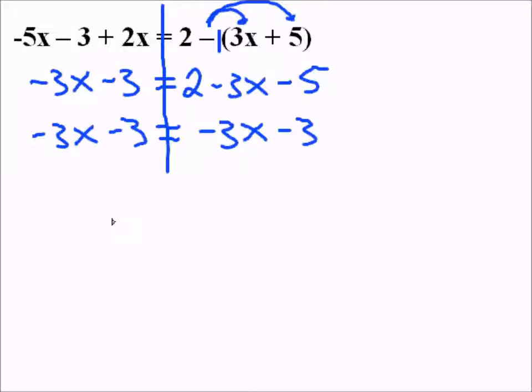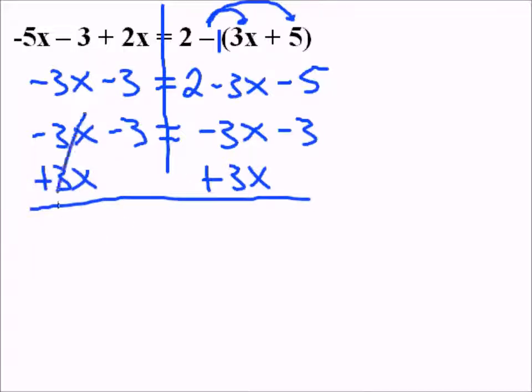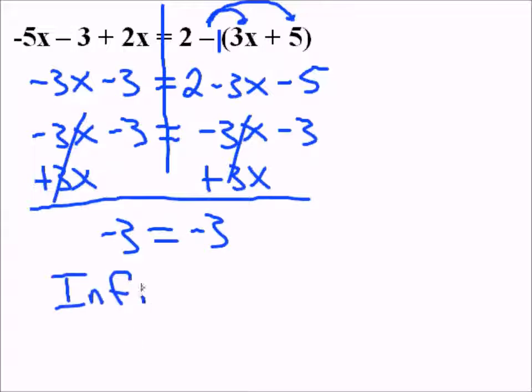You could write infinite solutions. However, if you did not notice that, you would have added 3x's to both sides. 3x's and negative 3x's cancel, leaving negative 3 equal to negative 3, which is a true statement. So there are infinite solutions.